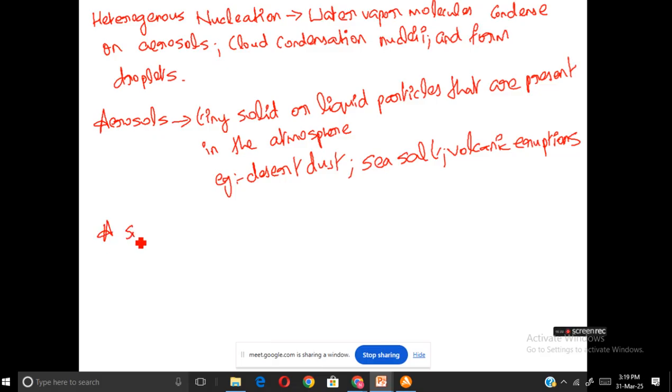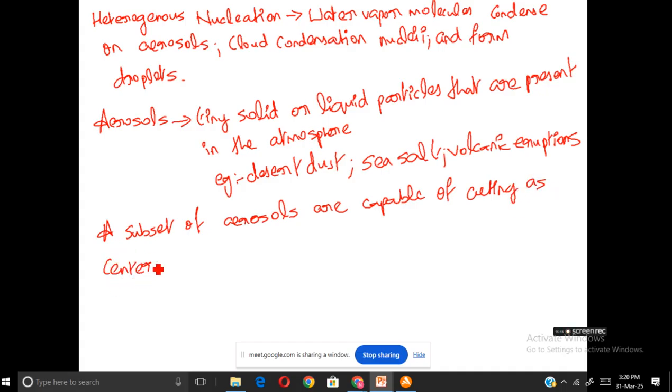So a subset of aerosols are capable of acting as centers upon which water vapor can condense and form droplets.